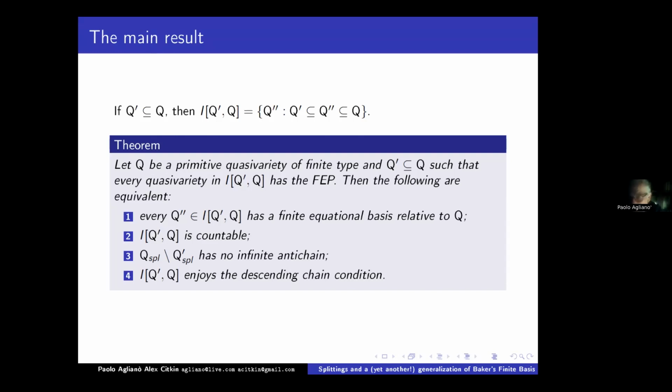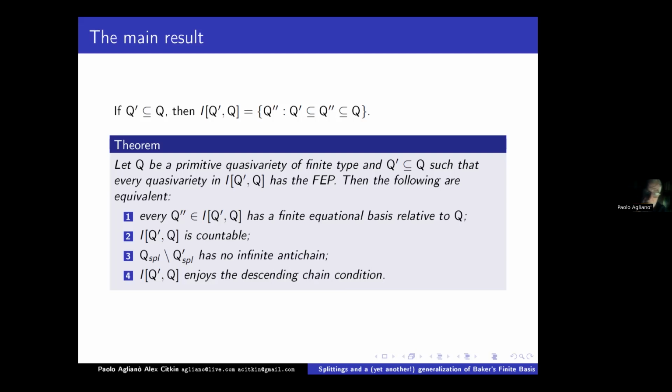I believe it's even in some textbook, but it's well known, okay? Now, in this case, we have a little bit more because we have the situation in which we can consider not only the finite case, but also the countable case.